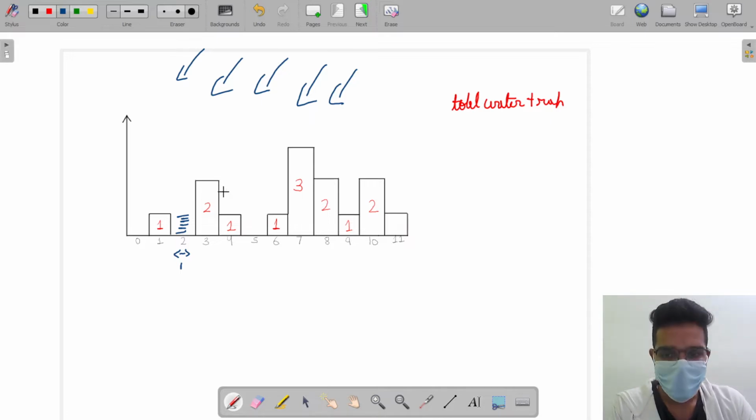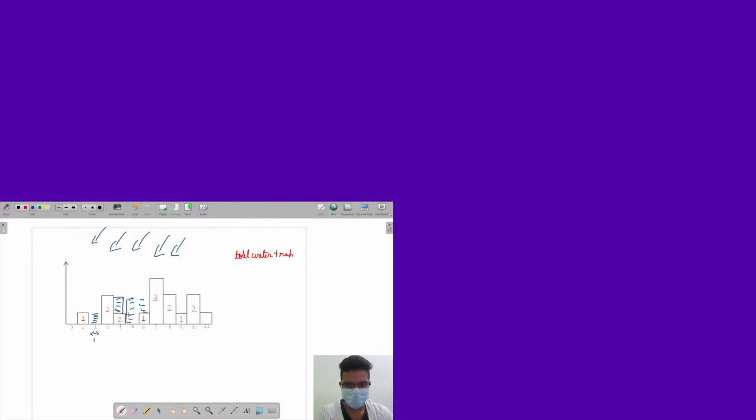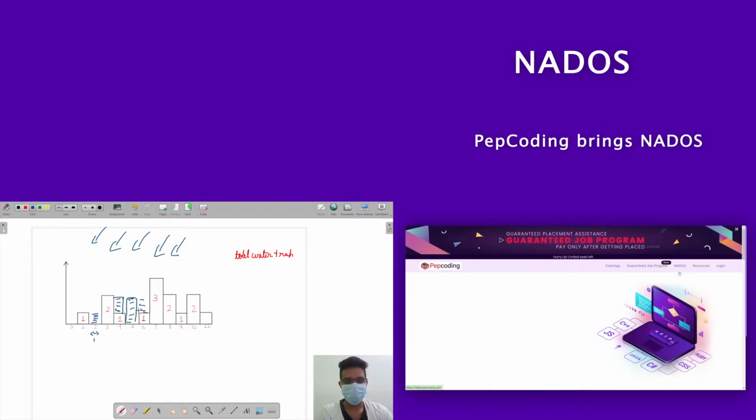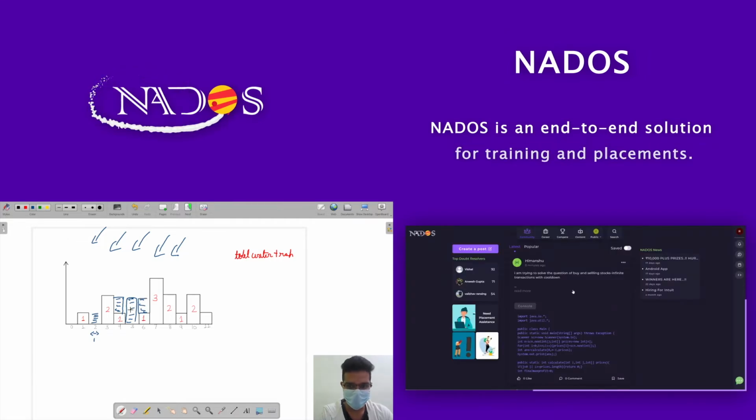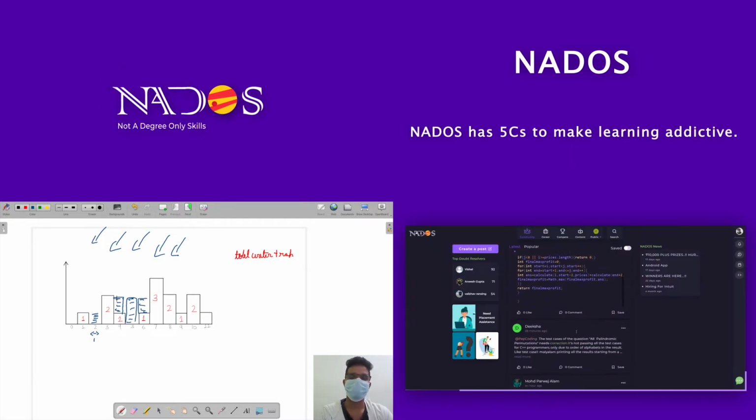Here also water will get trapped. This is 1 unit, this is 2 units, and this is 3. This is also 1 unit. This comprises a total of 2 units, and this comprises 1 unit.